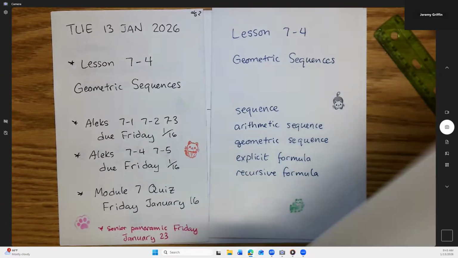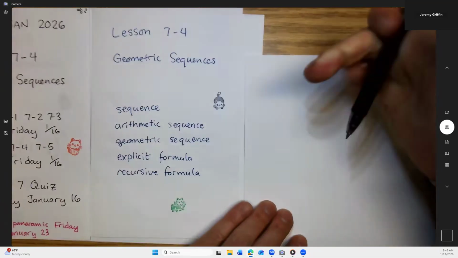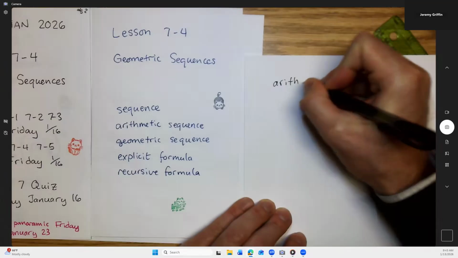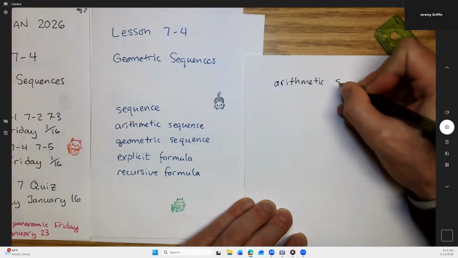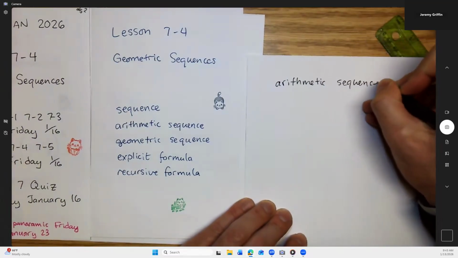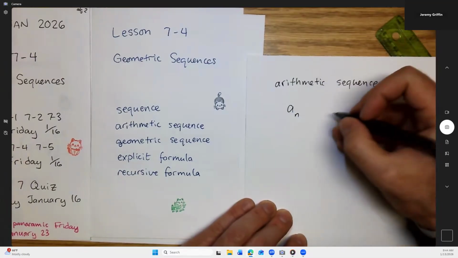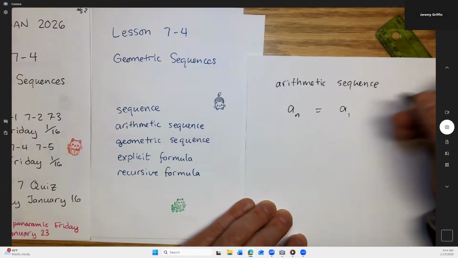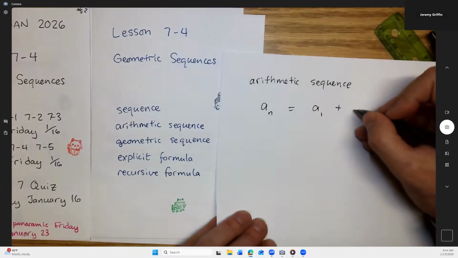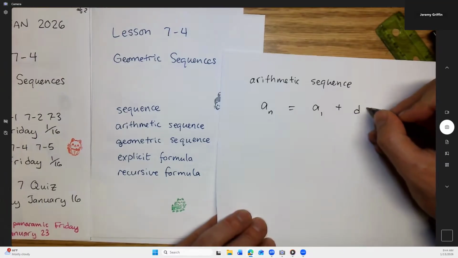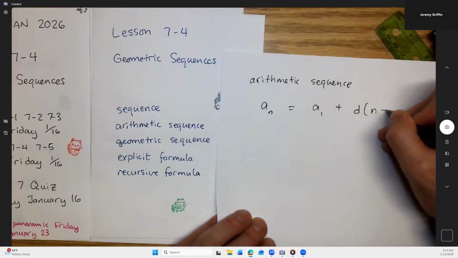And here it spells out. If it was an arithmetic sequence, it took the form: the nth term, a sub n, equals the first term plus some difference times n minus 1.